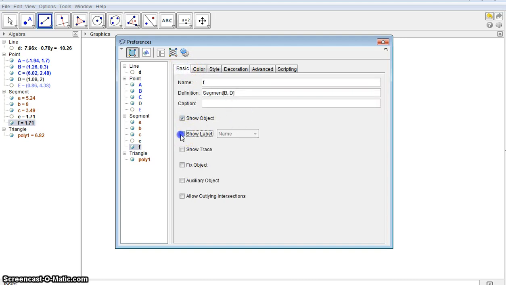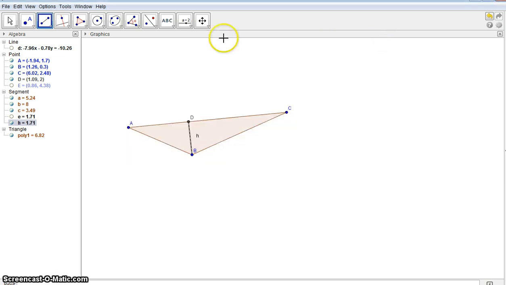And let's give it the name H. Okay, so it's named H.